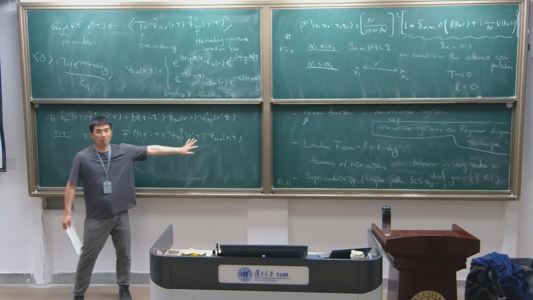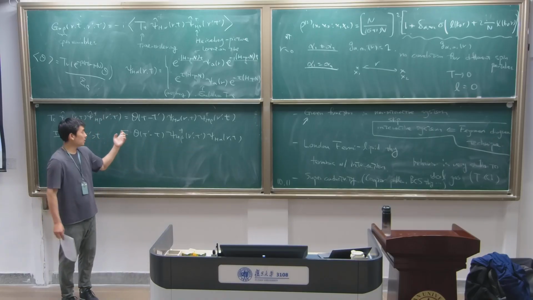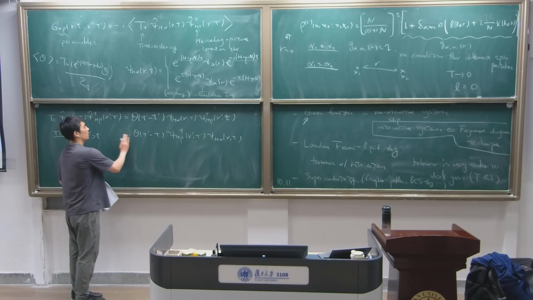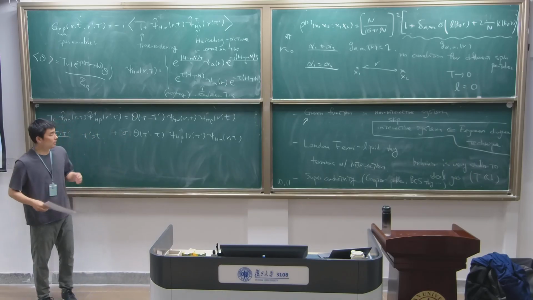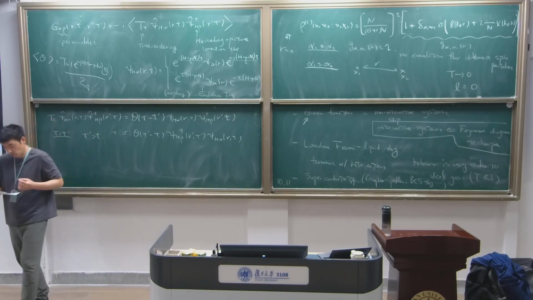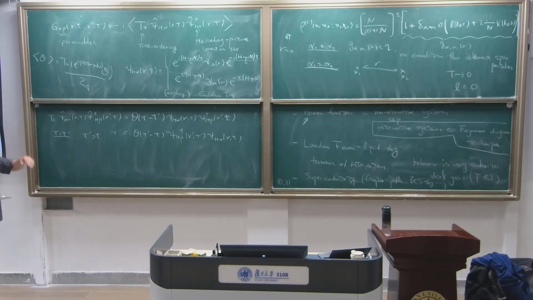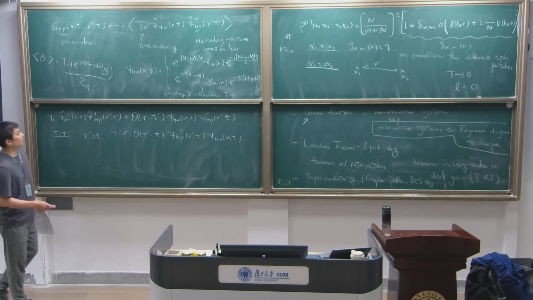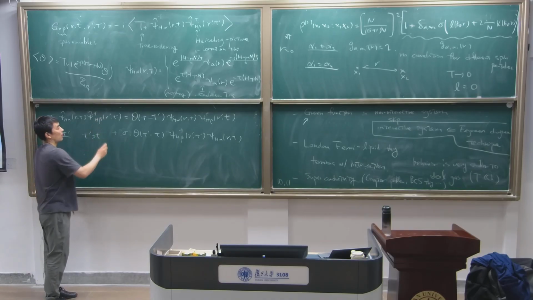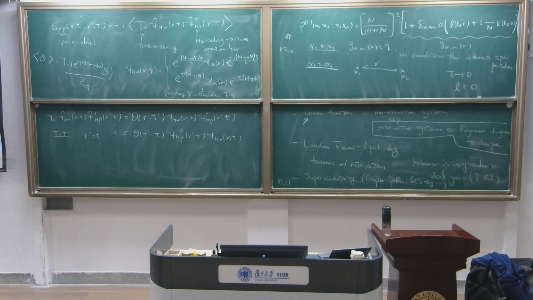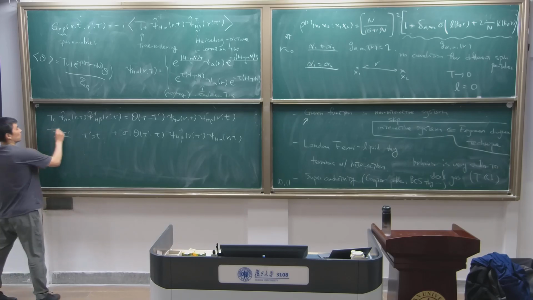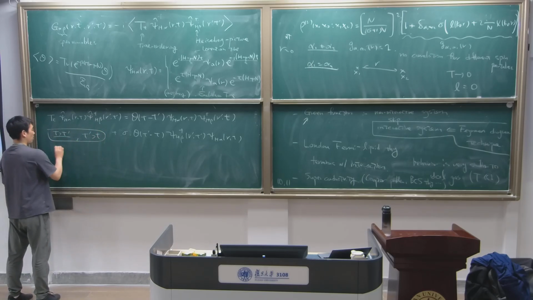But when you flip it, you have the sign issue, so I need to write it down with a minus sign for fermions. The alpha and beta indices are only relevant for spin.